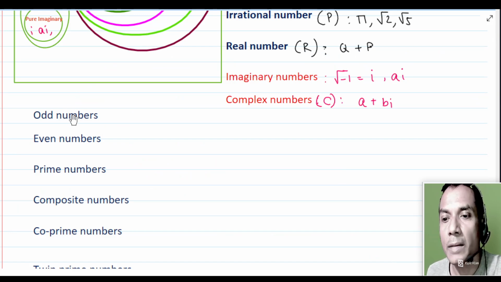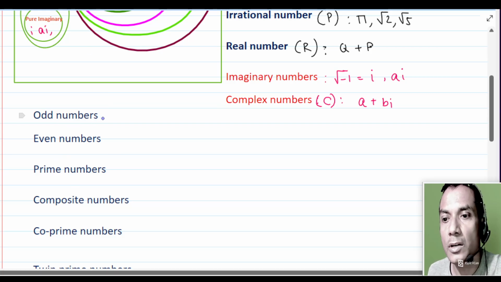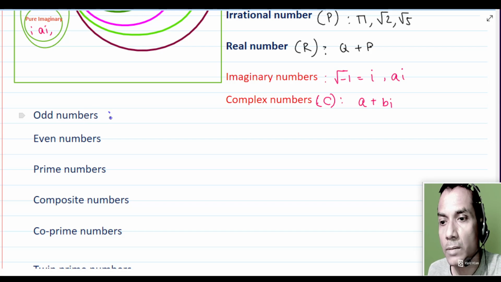Now the real number is further classified into different numbers, so we learn one by one. First, we learn what the odd numbers are. Odd numbers are the numbers that are not divisible by 2, for example 3, 5, 7.